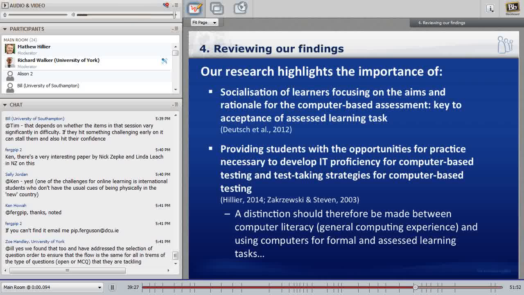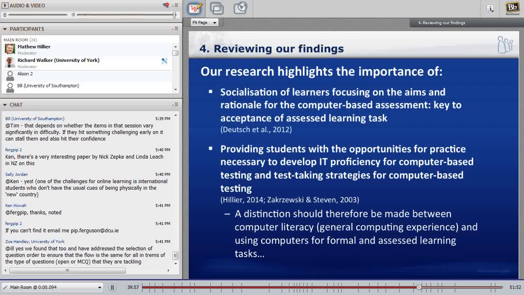But what we did find, our novel findings, were that this isn't sufficient. What we really need to do is to equip students with dedicated IT proficiency for computer-based testing. So we need to make sure that they're able to complete questions under time conditions, but also that they have opportunities to develop the test-taking strategies that they need to really perform well on the online examination.